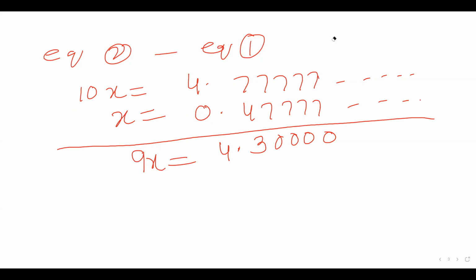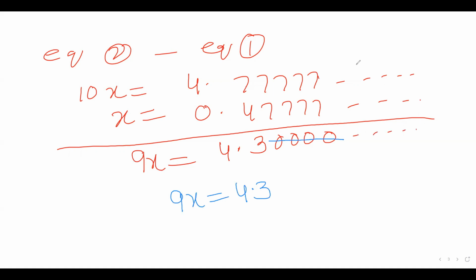Now there is no value for zeros after the decimal point. You can neglect all these zeros. So you will get 9x is equal to 4.3.